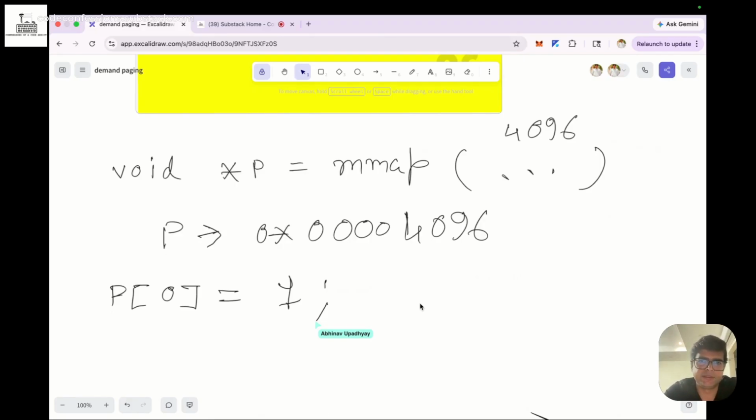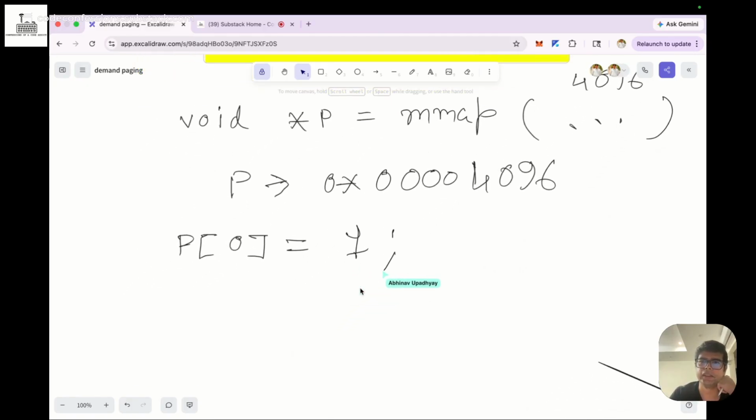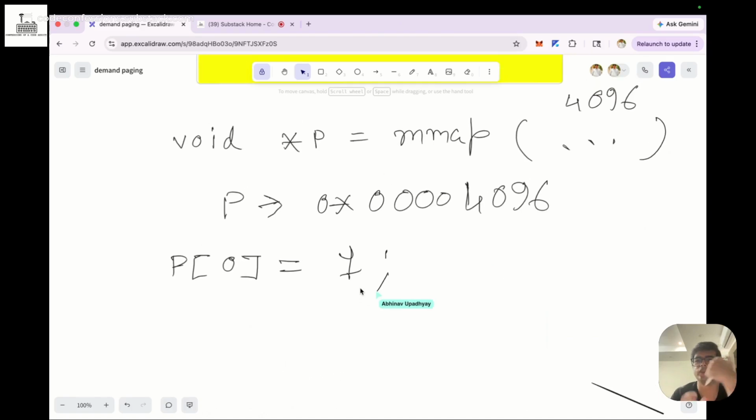Now the next question is, why do we need demand paging, or why does it exist? There are quite a few reasons that we can think of. One of those reasons is that physical memory allocation is an expensive task. So when you call mmap, for example, here when we called mmap and asked for 4096 bytes of memory, if the kernel had to really allocate physical memory at this point of time, it has to do a search.